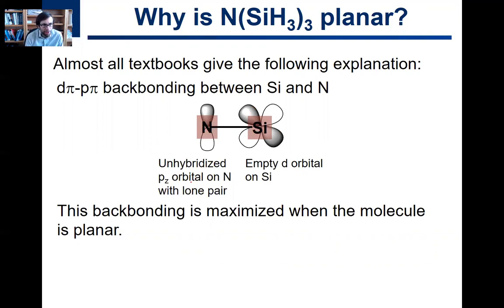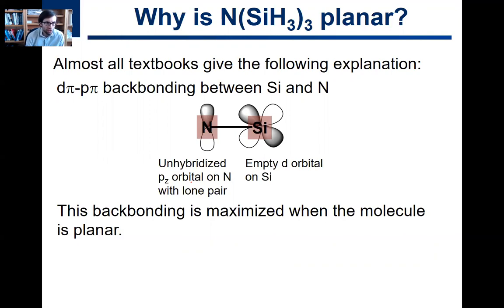There's a few things to say about this. The first is that this explanation is relying upon a molecular orbital interpretation of bonding, right? We're outside of the regime of VSEPR here.